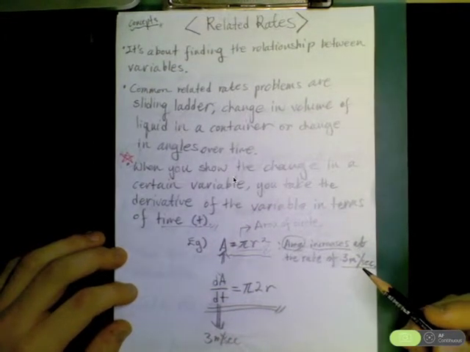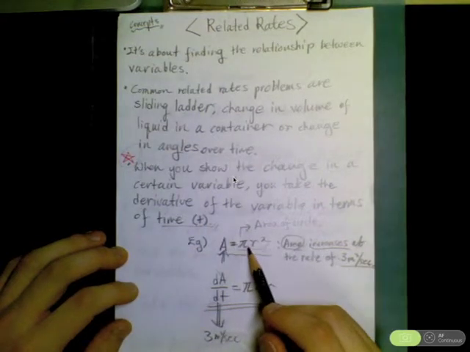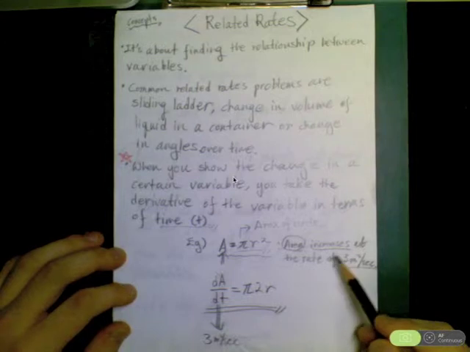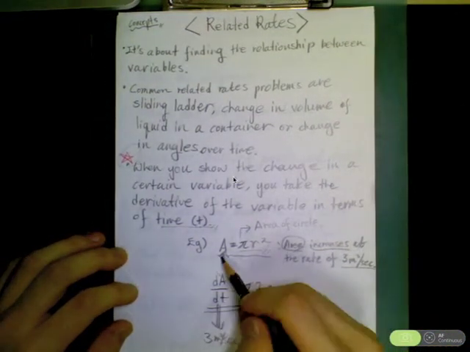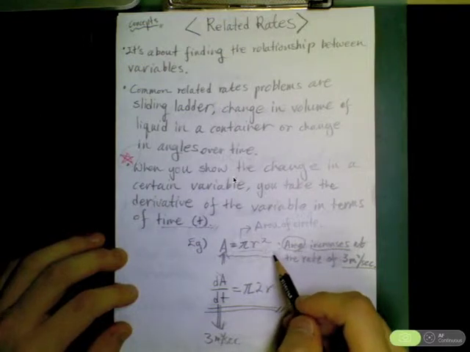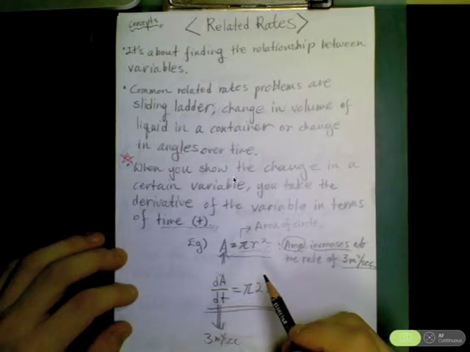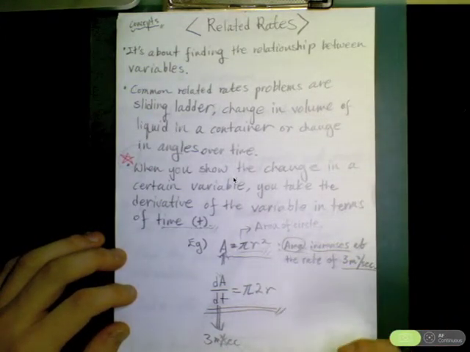So here's an example. A equals pi r squared, and right next to it says area increases at the rate of 3 meters squared per second. This is the generic equation for the area of a circle, and as written above, we have to take the derivative of A in order to show the change of area.